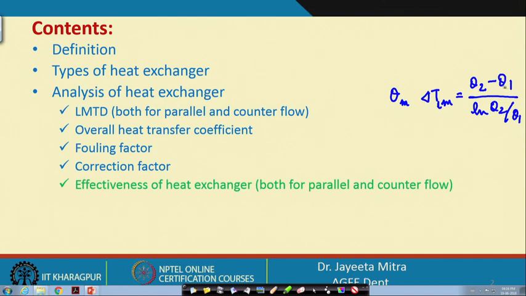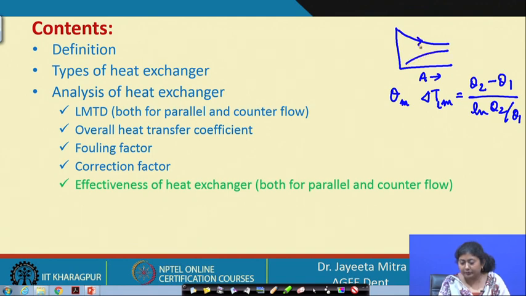If it is parallel flow, across the area, if you are drawing the temperature profile of both the fluids, hot and cold, theta 1 will be this one and theta 2 will be at the end, whatever temperature difference we are getting.